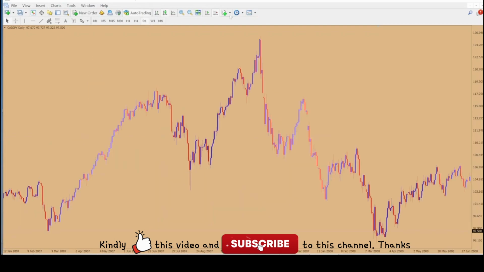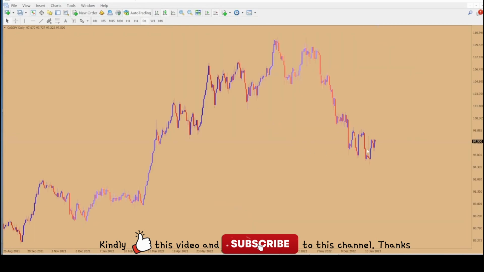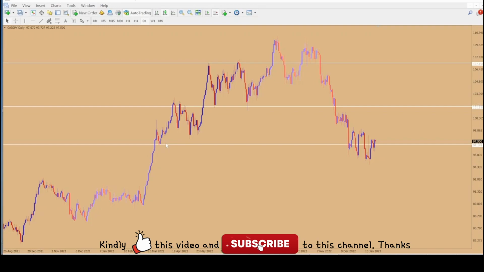So what should we expect? Let's go down to the daily right away. Expect the market to look for resistance, and from there you look for the next big move.